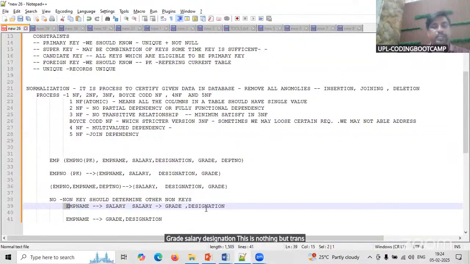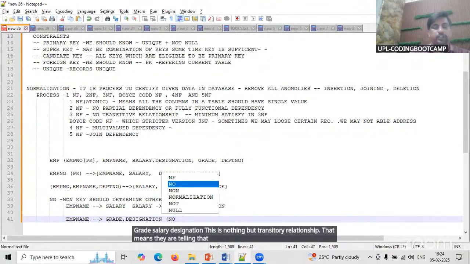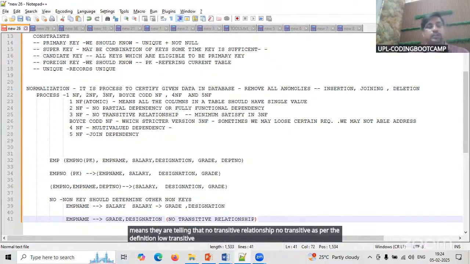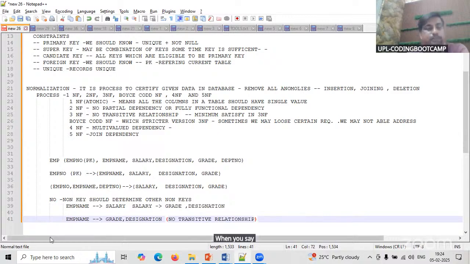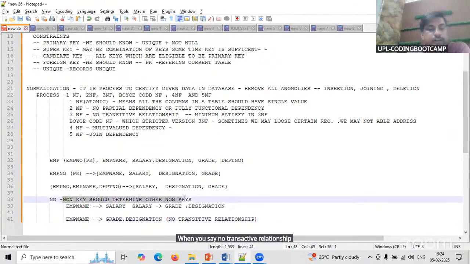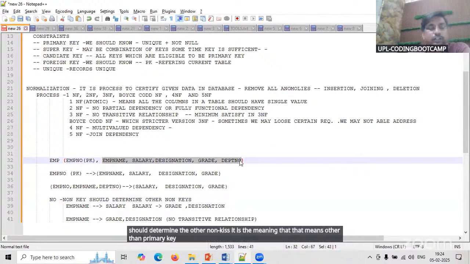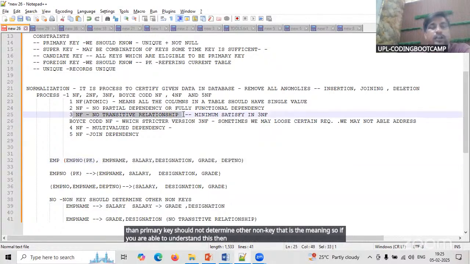As per the definition, no transitive relationship. In layman's understanding, no non-key should determine other non-keys. That means other than the primary key, nothing should determine a non-key. If you understand this, then you are in third normal form.